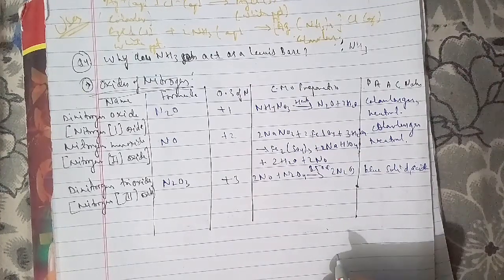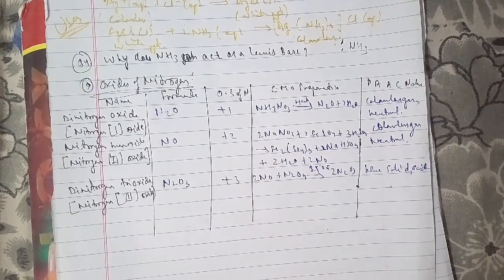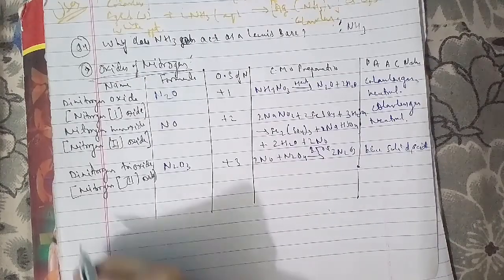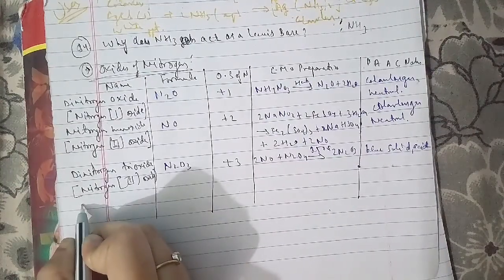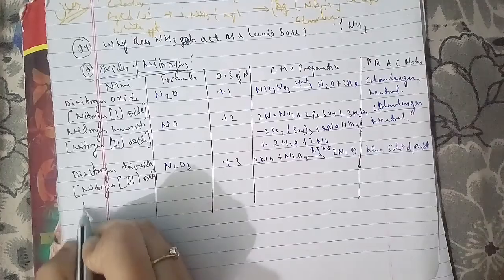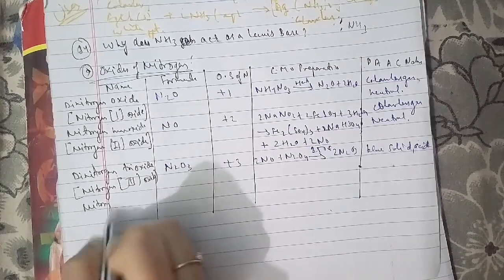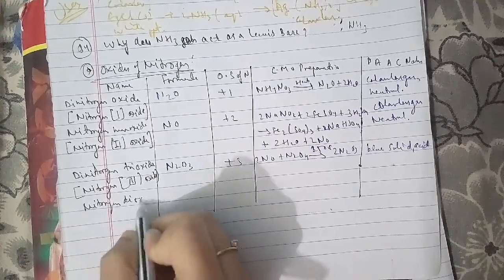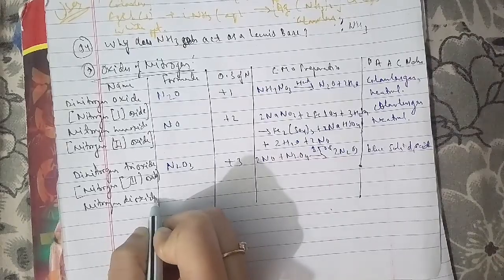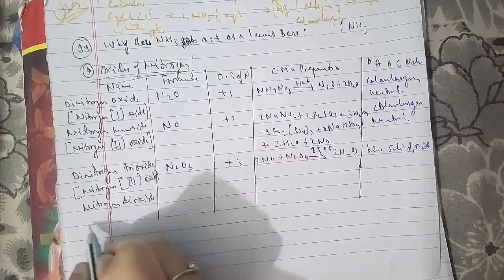Now we'll talk about the last one, which is also an important one: dinitrogen pentoxide, which is nitrogen 5 oxide.